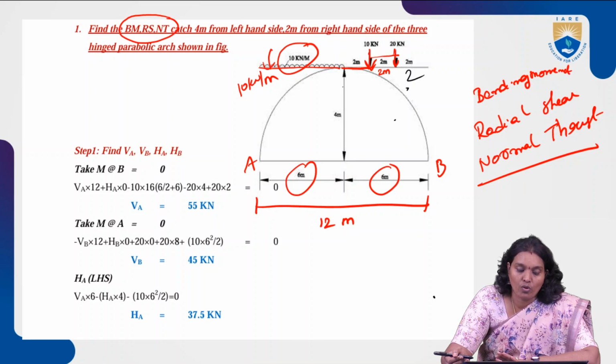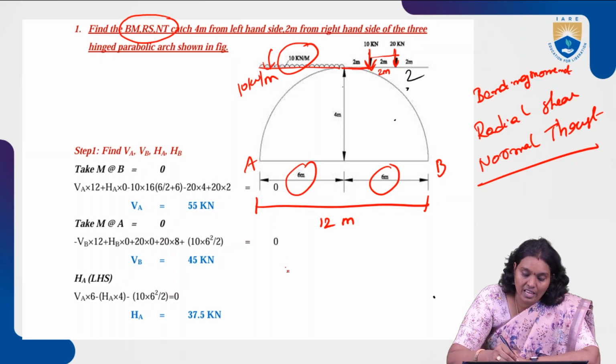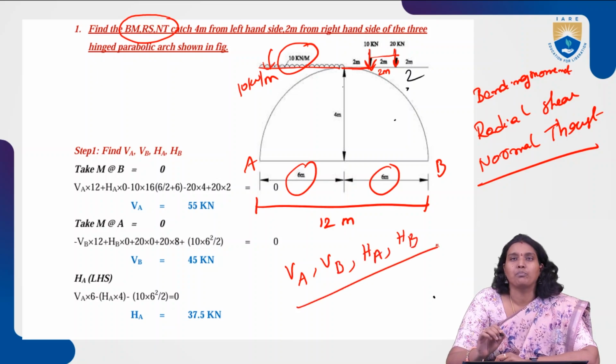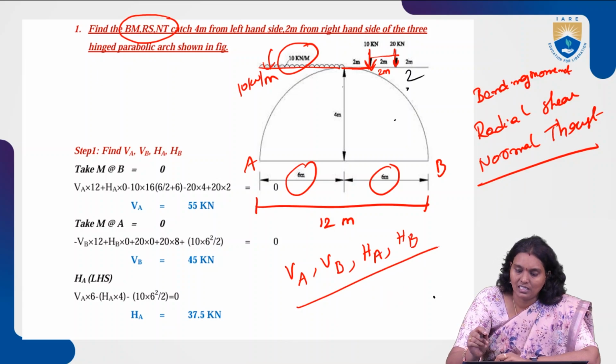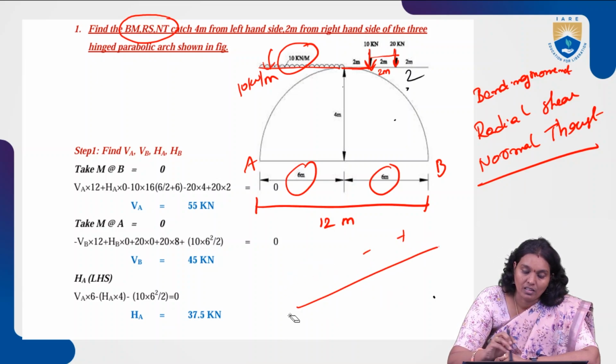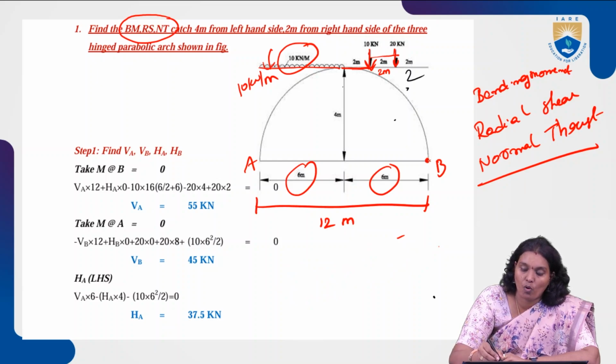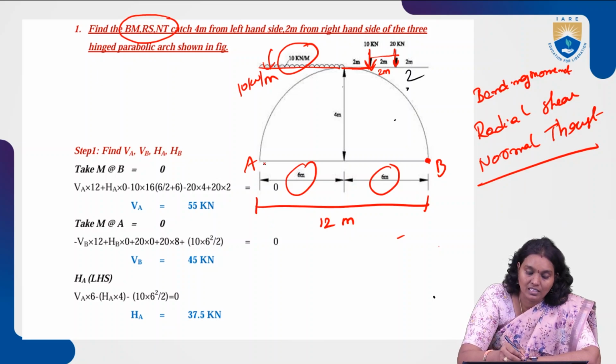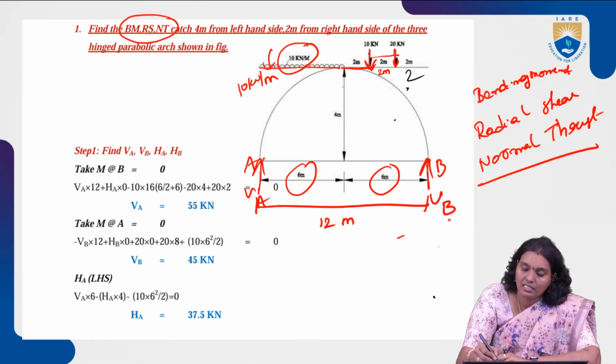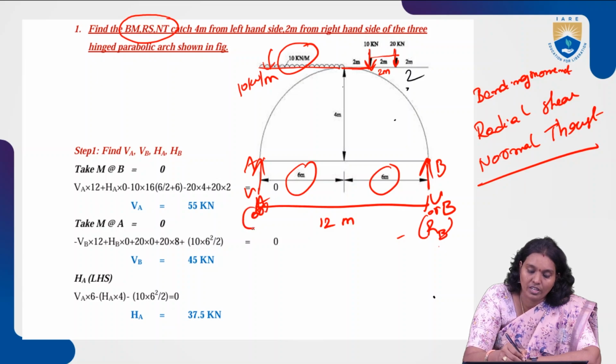So step 1, we are going to find out VA, VB and the horizontal forces and vertical forces at those particular points. As per the conditions, take bending moment with respect to B. So here we consider this point B. Now, this is VA and this is VB, or sometimes RB may be used in some of the notations.